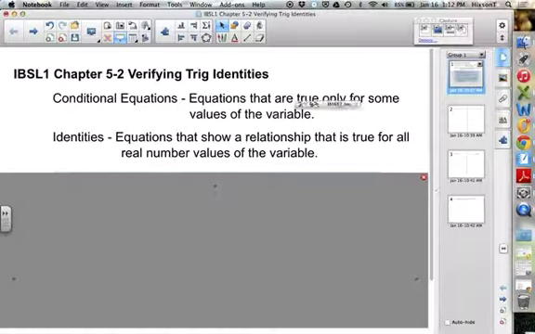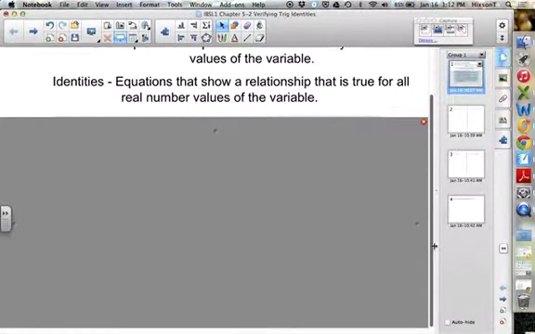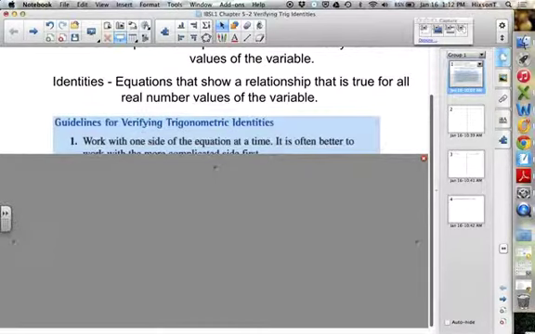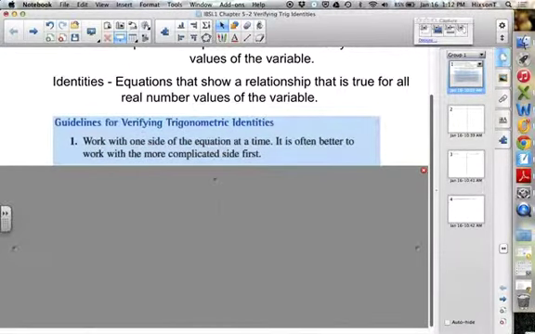A lot of the calculus formulas involving trig require some of these identities in order to derive them. So that's why we're spending a good amount of time working on these identities and using the fundamental identities that we've learned.